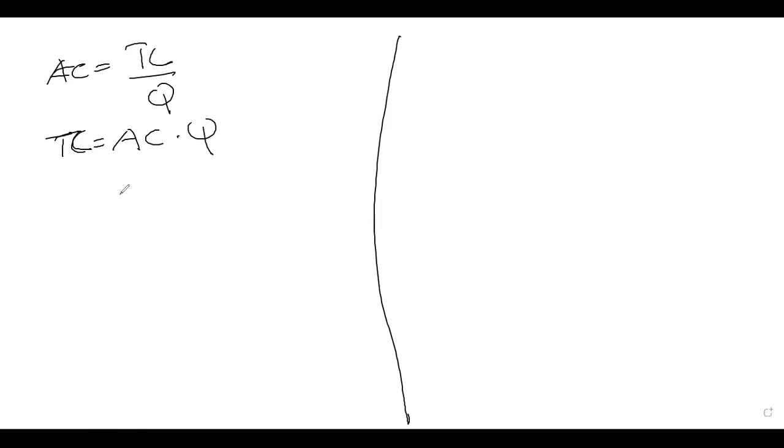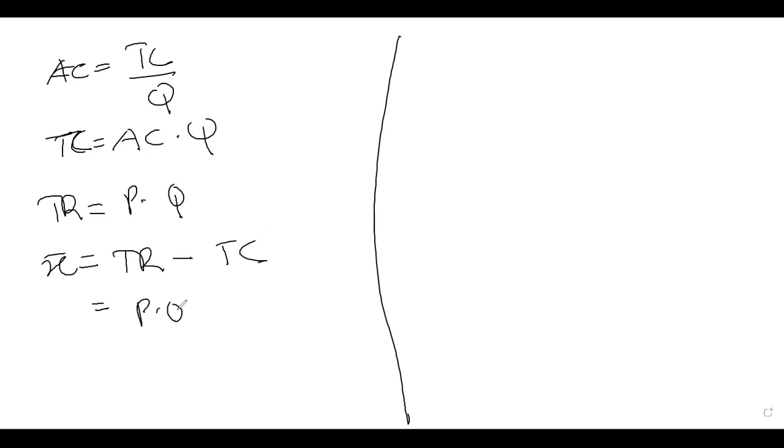Now, also remember that total revenue is equal to price times quantity. Now, profit is equal to total revenue minus total cost, which is PQ minus ACQ, okay?